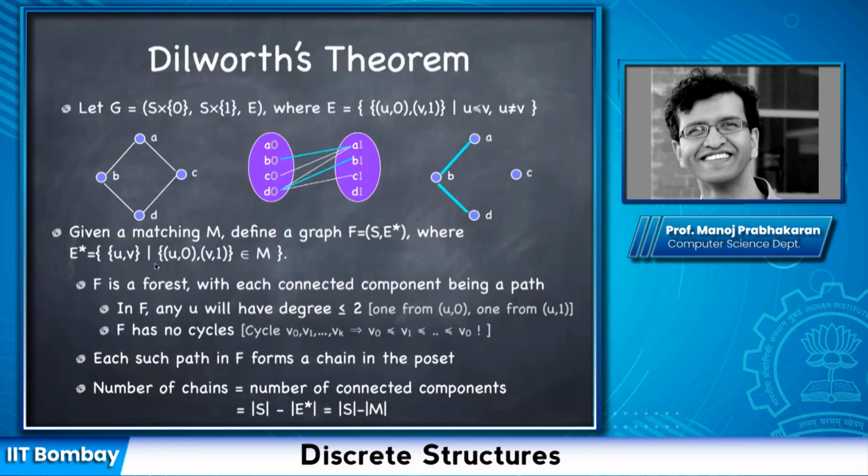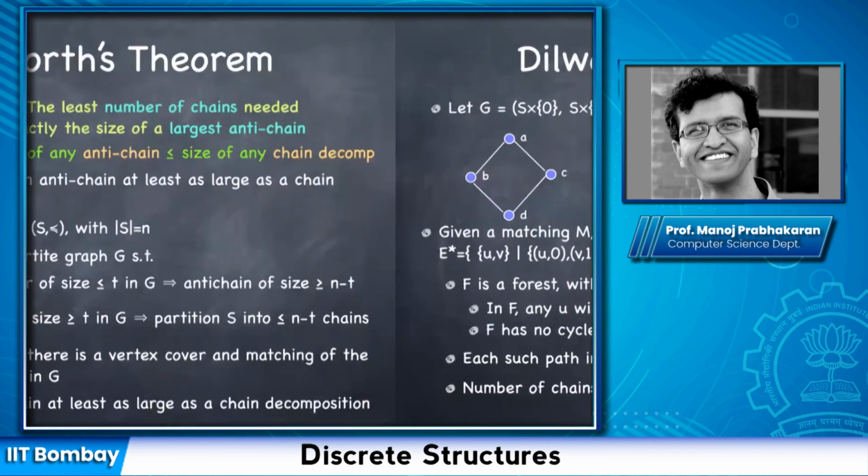And the number of edges we just argued, every edge in the matching shows up as an edge in this graph. So it's exactly S minus M. So in particular, if my matching is of size greater than or equal to T, the number of connected components, or the number of chains in this partition of the poset, is less than or equal to N minus T.